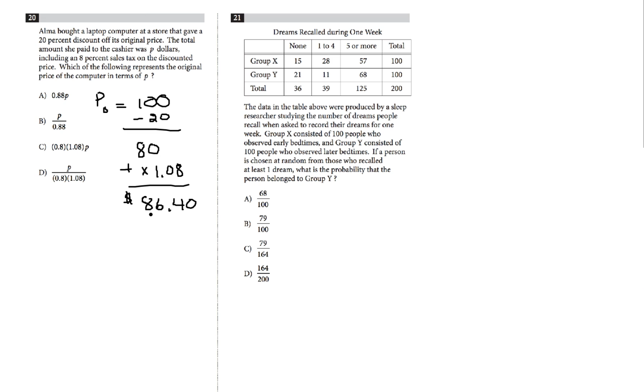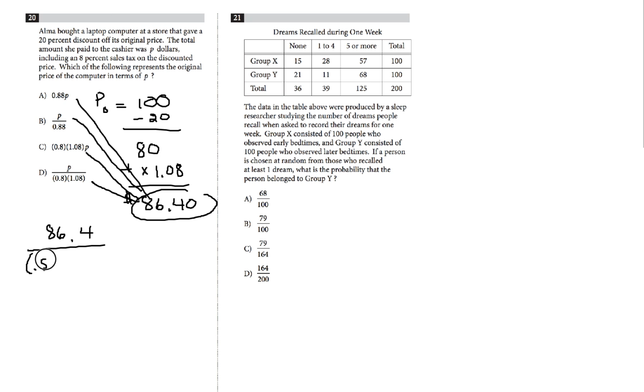All right. Now, what I did from here is, which of the following represents the original price? Well, I'm going to take this amount and I'm going to plug it into these equations and see which one gives me 100. So if I put it into D, I get 86.4. That's the price. That's not the original price.